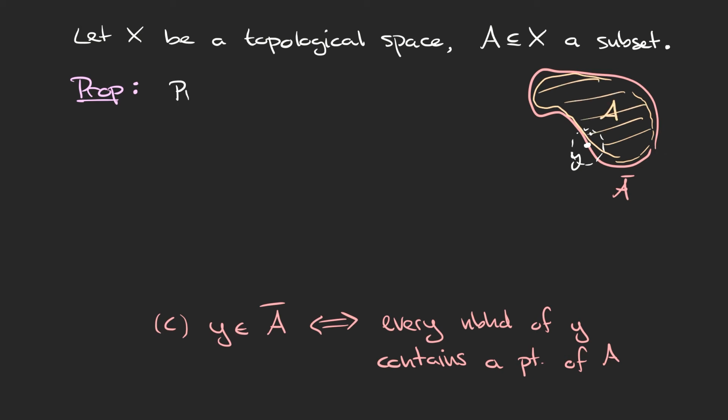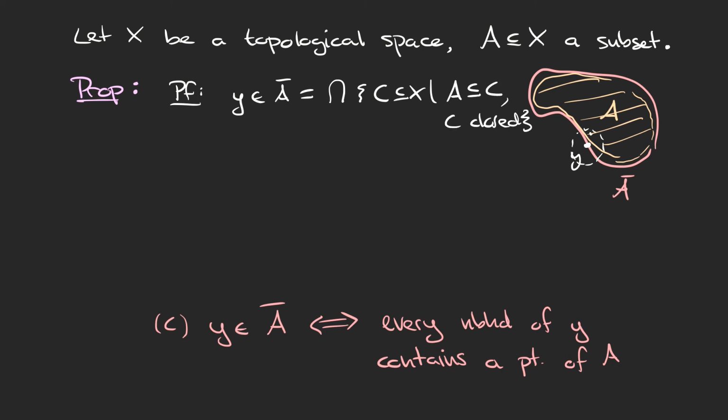The proof here is very similar to the one I gave before. So it's basically, again, just looking at the definition. You have that the closure of A is equal to the intersection over all C contained in X, such that A is contained in the set C and C is closed.